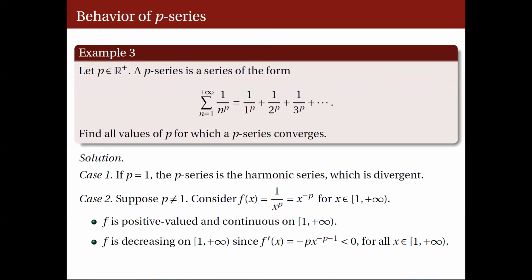Moreover, f is decreasing on the interval 1 to infinity, since f prime of x equal to negative p times x raised to negative p minus 1, which is always less than 0 for any x on the interval 1 to infinity. Dahil na-satisfy ang conditions ng ating theorem, pwede na natin gamitin ang integral test.